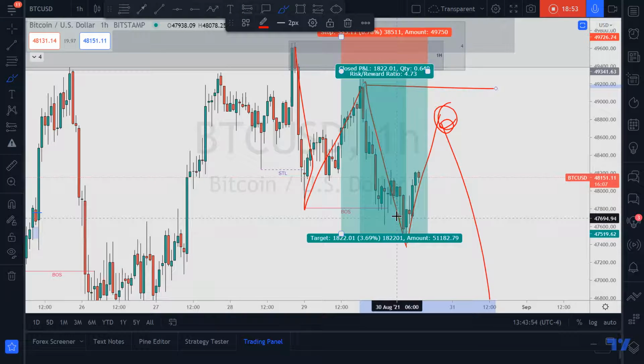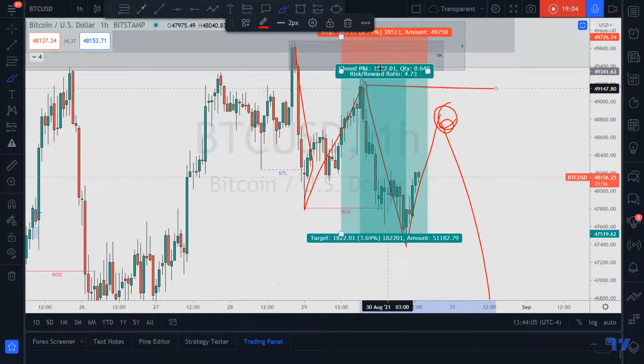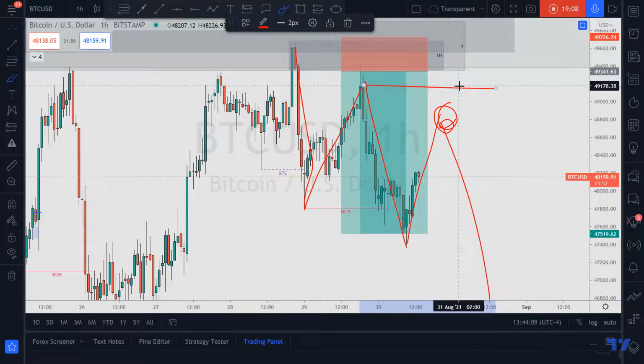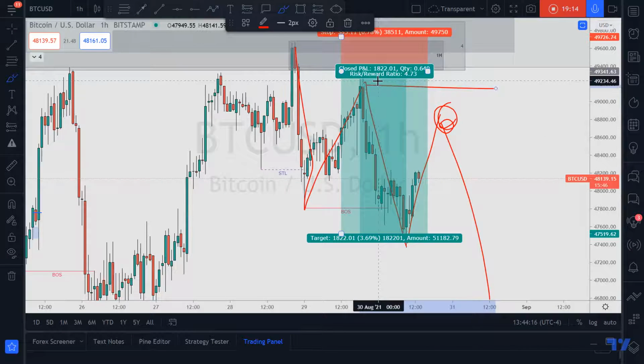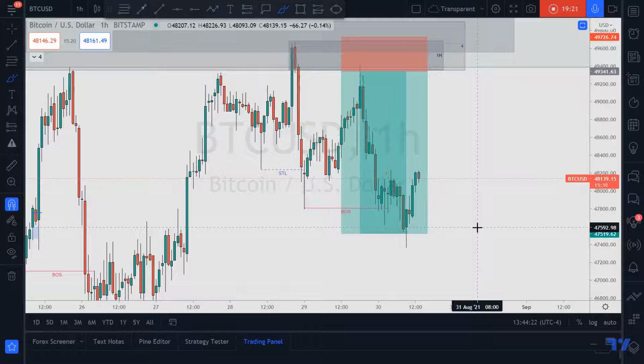We always want to check that bias. If it breaks up to the top here, price is indicating that it wants to shift from bearish momentum to bullish momentum. I hope I'm making it simple.